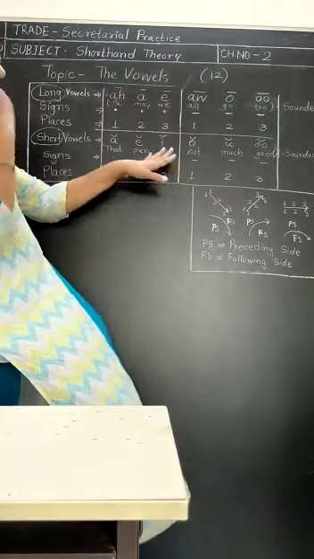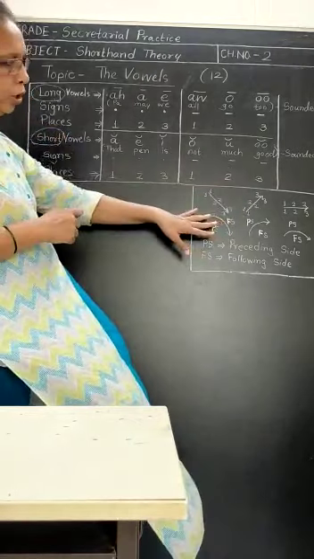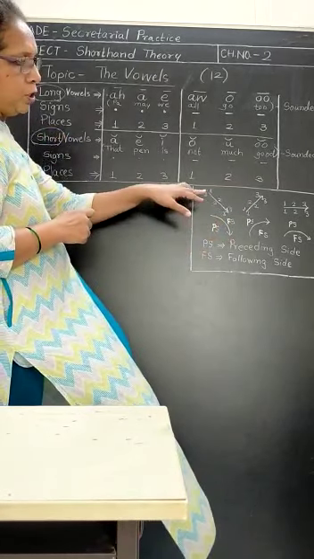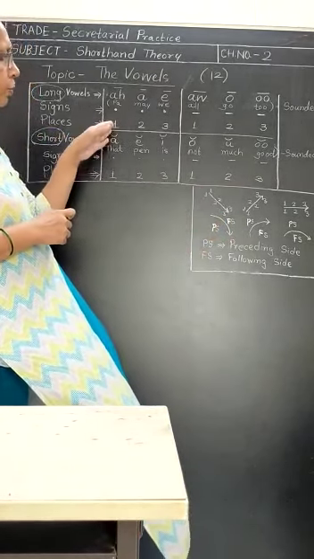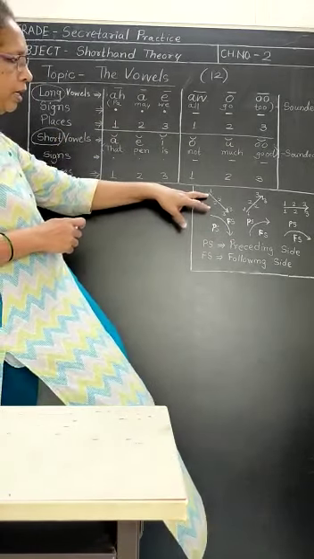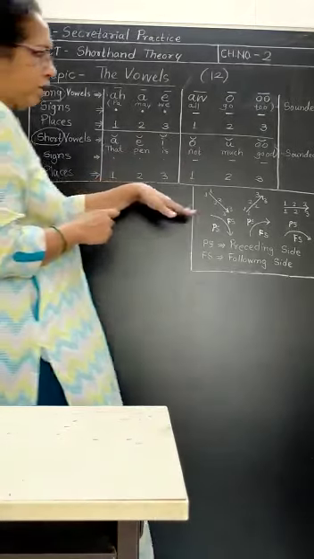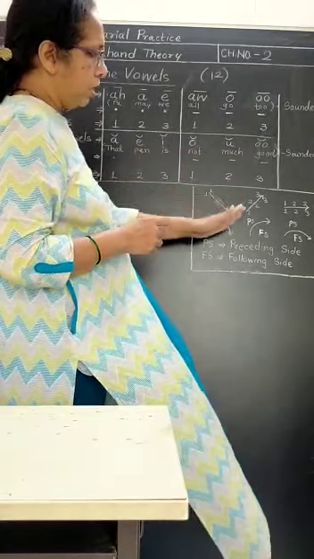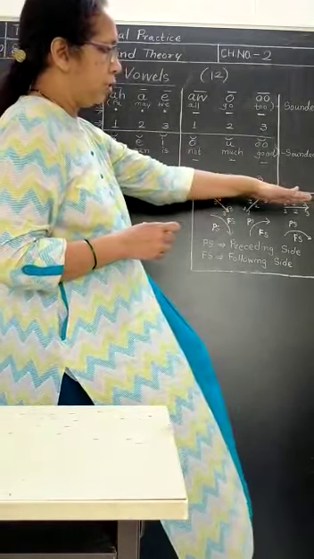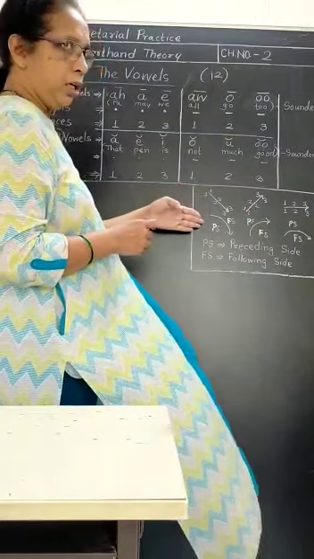Now I have given here one more chart of strokes and where to place these vowels. At the beginning, there are 3 types of strokes in all: down strokes, up strokes, and horizontal strokes, whether they are straight or curved.